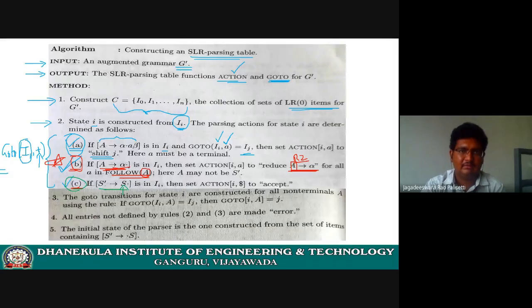If Ii is the state number, then at the row Ii and at the dollar column, I simply have to write accept. Same thing we did in LR also.